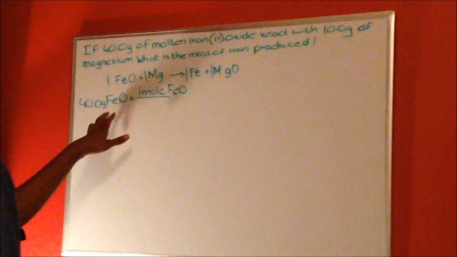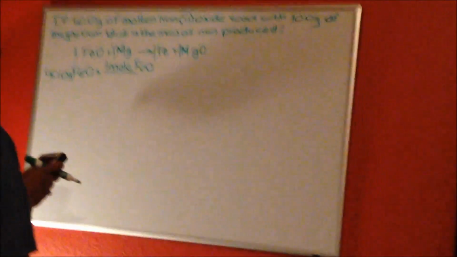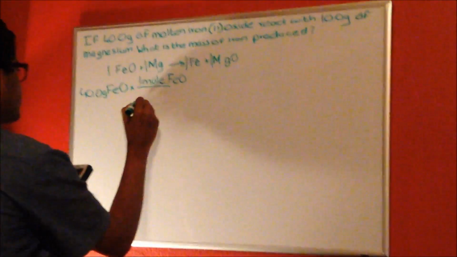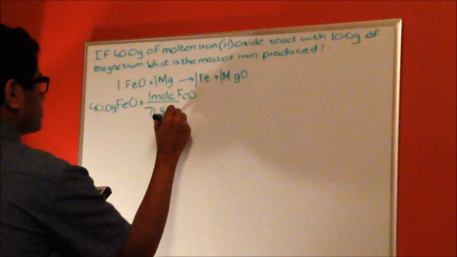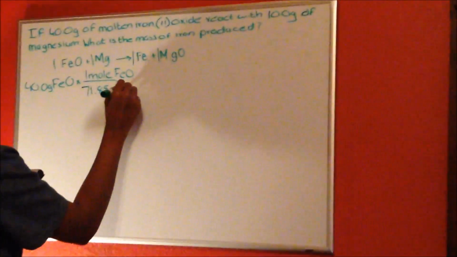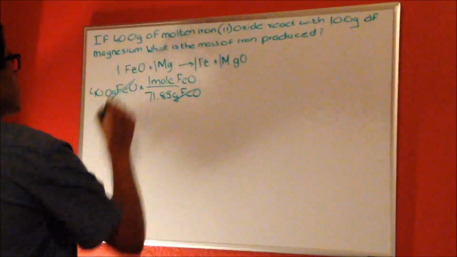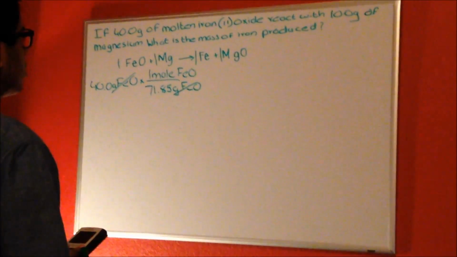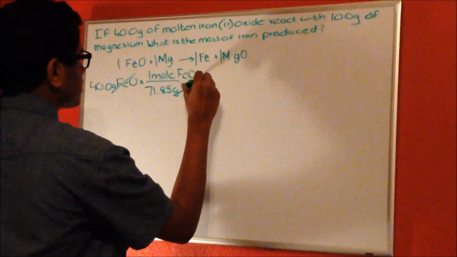Since we have two elements, we take the mass of Fe and oxygen and add them, so that would be 71.85 grams of iron oxide. Now we can cancel out the grams of iron oxide and we are left with 1 mole of iron oxide.